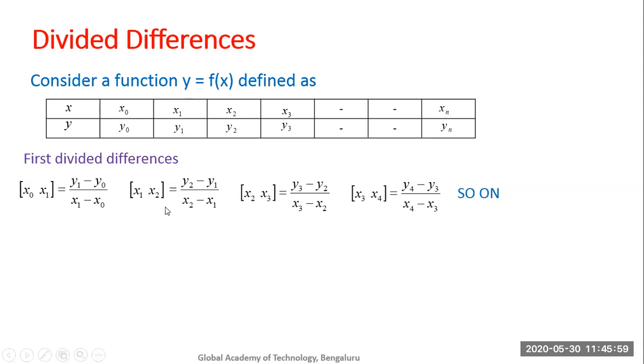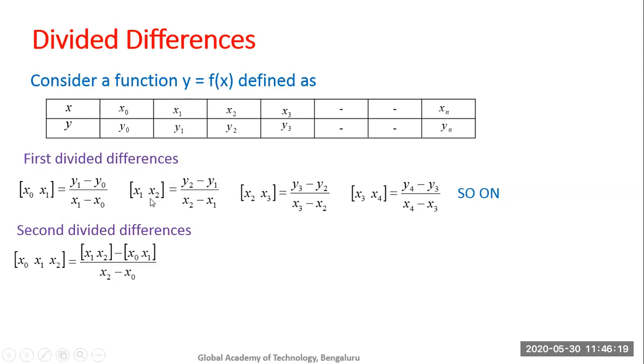Now using these first divided differences, we find the second divided differences. So we take the difference of the first divided differences. Here the second divided difference x0, x1, x2 is defined as the difference of these first divided differences, x1, x2 minus x0, x1. So take the difference of these two values and divide that value by x2 minus x0, the difference between x2 and x0.